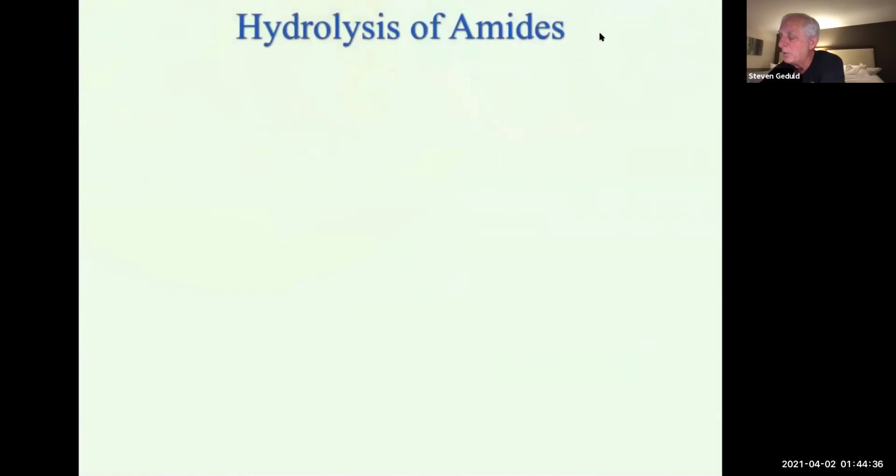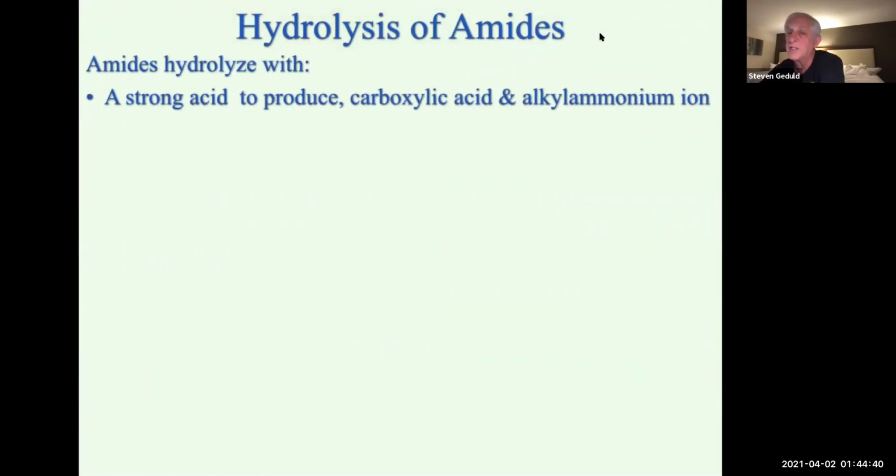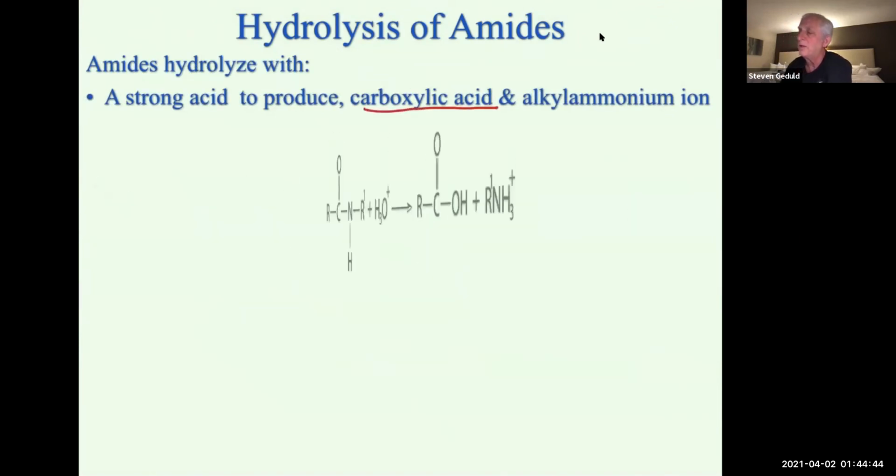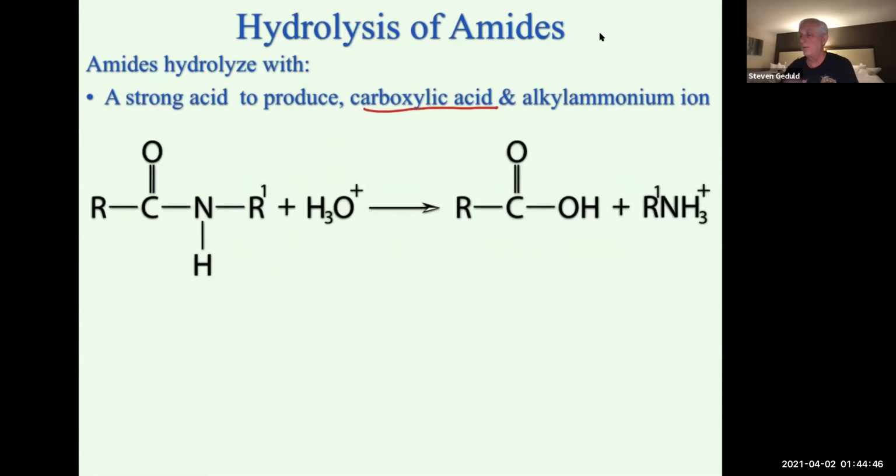Okay, hydrolysis of amides. Amides hydrolyze with a strong acid to produce a carboxylic acid and an alkyl ammonium ion. So if you have two different R groups, we have our acid. Okay, we can break the bond. Hydrolysis is adding water. So OH to one side of the bond, H to the other side of the bond.